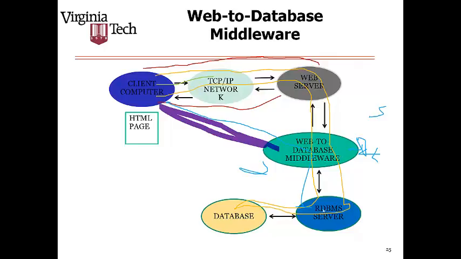So then it goes down, gets a hold of the brainstorming, or sends a query to the RDBMS. The RDBMS goes to the database and then returns our result set, which we then return to the client application.